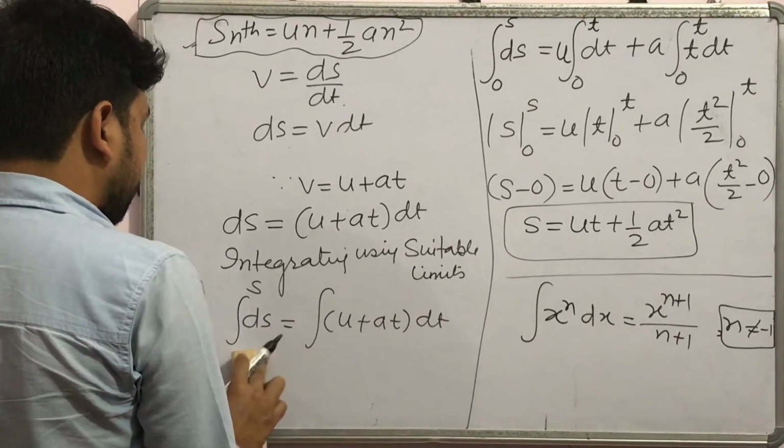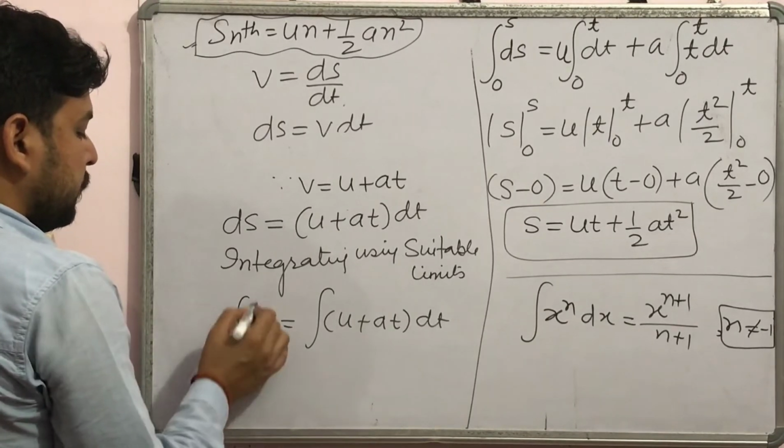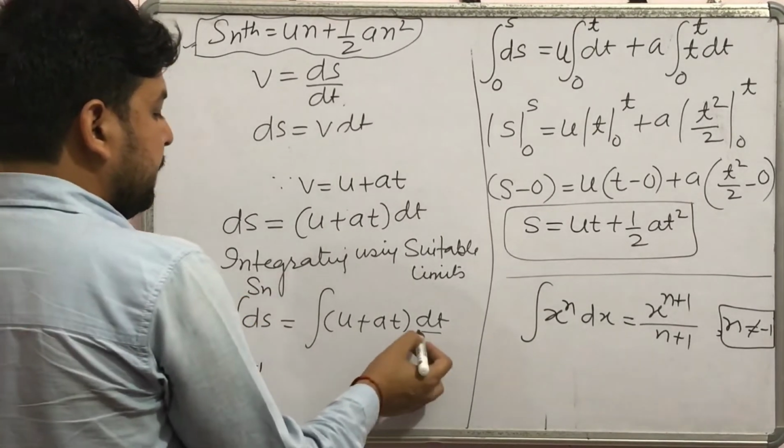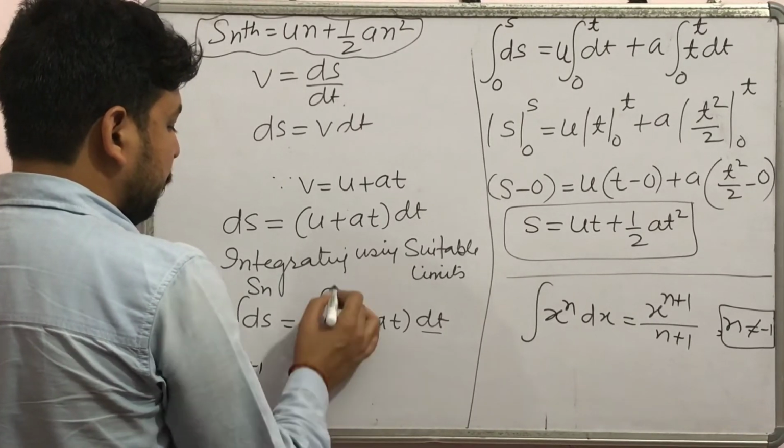These limits: ds will be from Sn minus 1 to Sn, and this will be from n minus 1 up to n.